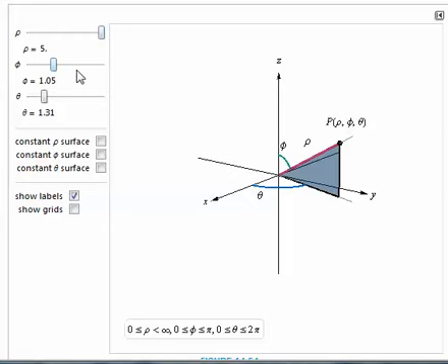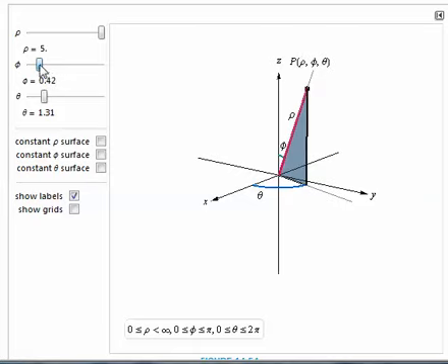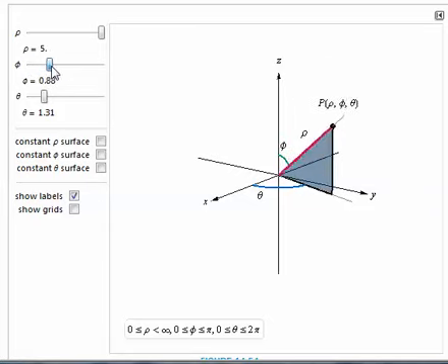Then let's talk about phi. Phi, I said, is the angle between the line OP and the z-axis. Phi equals 0 puts us on the z-axis, and when phi is equal to pi over 2, boom, that puts us in the xy plane.